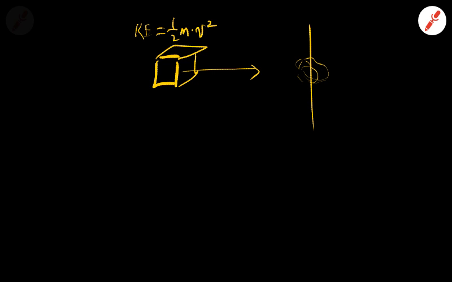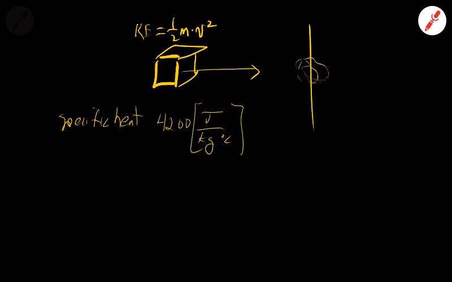So we have a couple of constants that we need. One is what's called the specific heat. And for water, it's 4,200 joules per kilogram degrees Celsius. And what this means is that it takes 4,200 joules to raise 1 kilogram of water by 1 Celsius.